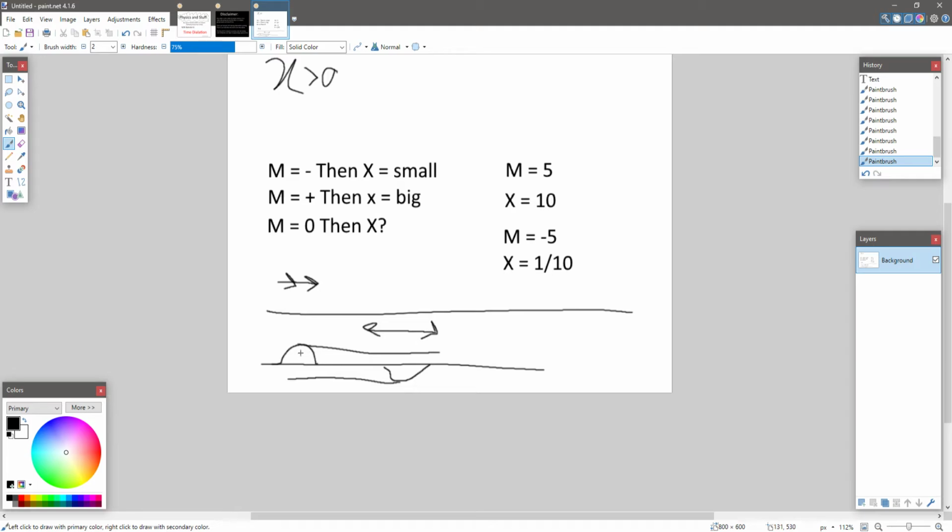The actual magnitude of the effect stays the same, which is why, when m is positive, x multiplies the passage of time by a factor of 10. And then when m is negative 5, x divides instead of multiplies, the exact opposite, by 10 against our universal time passage metric.